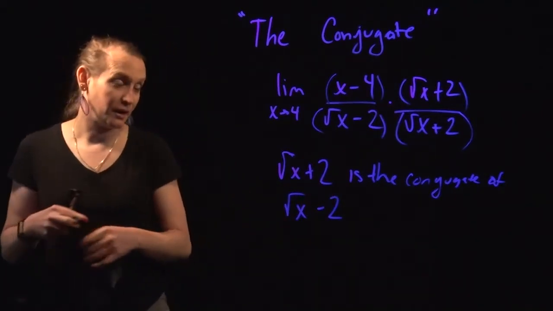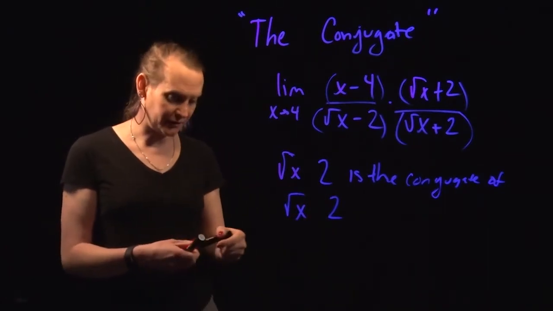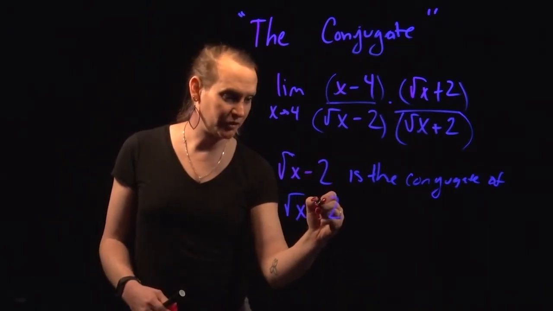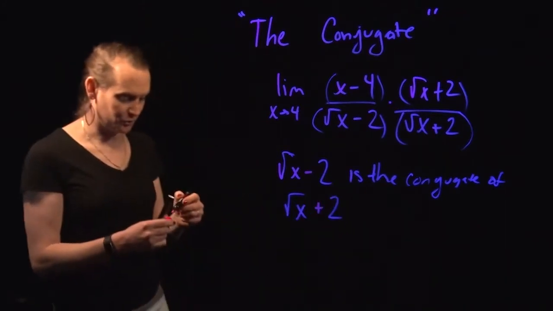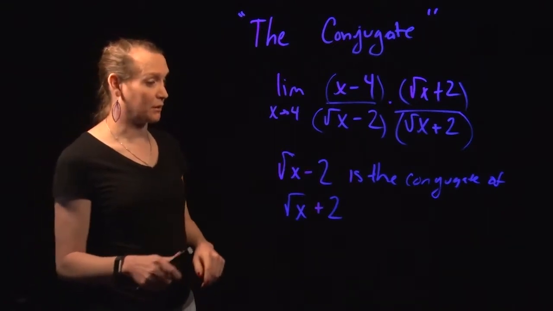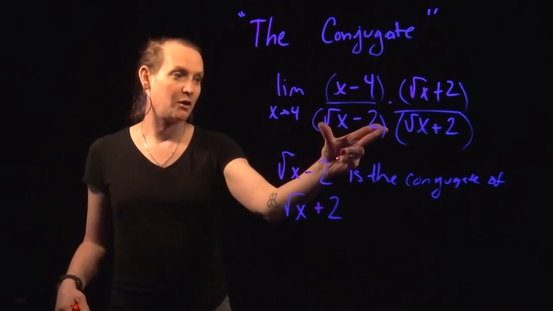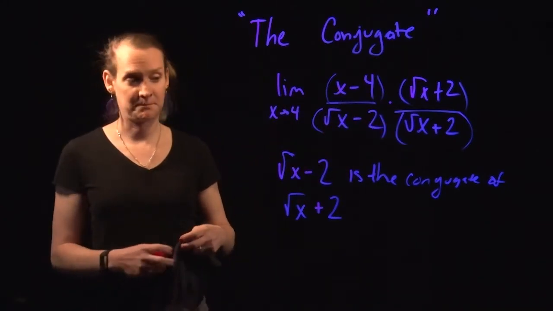And similarly, it could be the case that I've got pluses that need to turn into minuses. So the square root of x minus 2 is the conjugate of the square root of x plus 2. So we're just changing the sign of the thing in the middle. That's what the conjugate is. The conjugate is the same term with a minus instead of a plus.